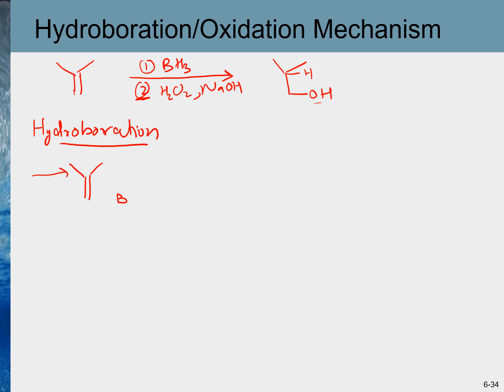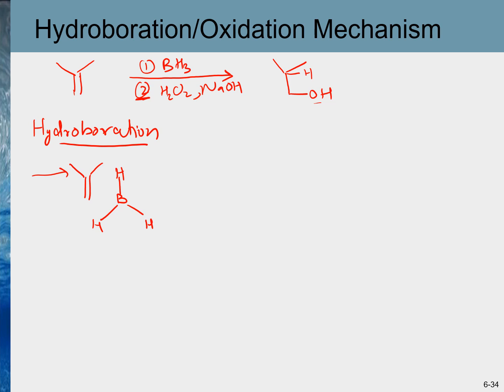So borane is on the other end of the alkene, and hydrogen is oriented towards the more substituted, and so this will be the orientation of our borane, and that's all because of the steric repulsions.